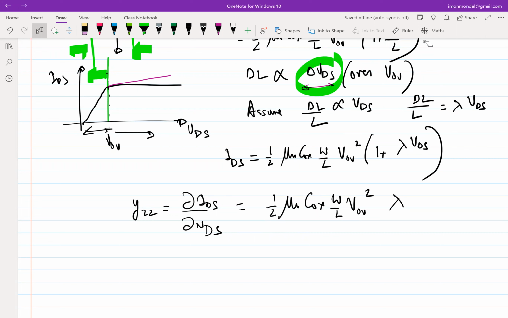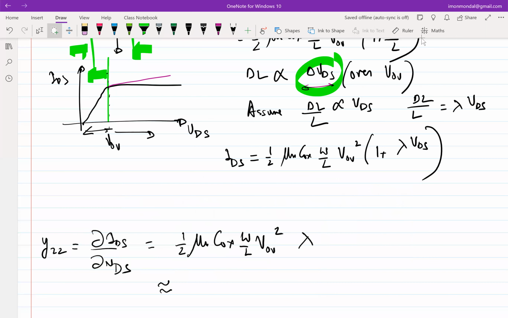And this I can further approximate. Before I move further, if you want a transistor to behave like a current source, it's not a good current source now. It was an ideal current source in the previous model.